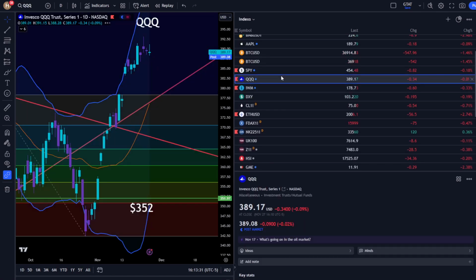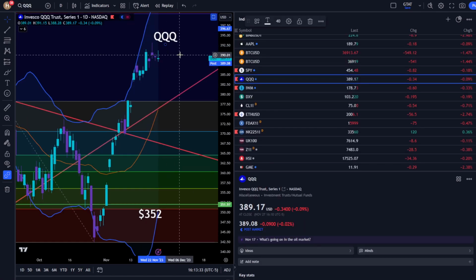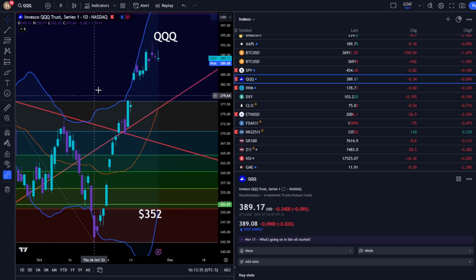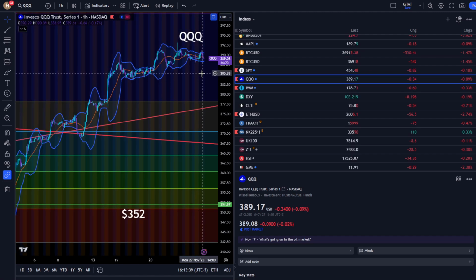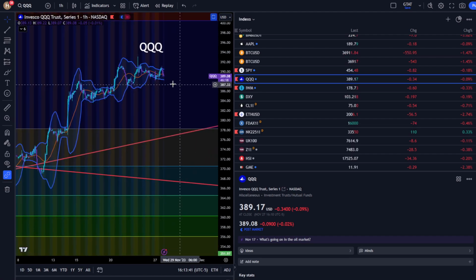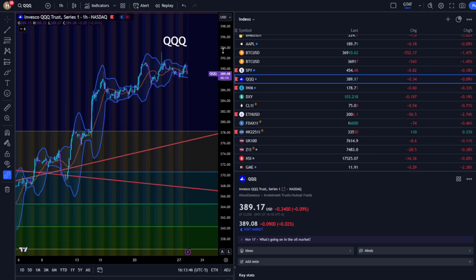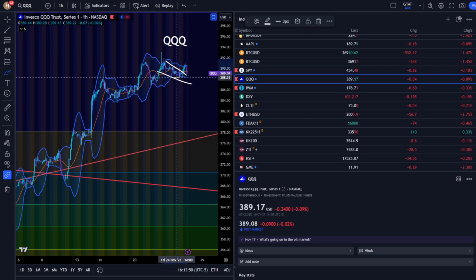We could also take a look at the NASDAQ and the IWM. On the short-term time frames on the NASDAQ, that's why we had a bit of a bounce today. We had a falling wedge on the 1 hour on the NASDAQ here, so that caused a bit of a bounce. We're coming back to retest it.